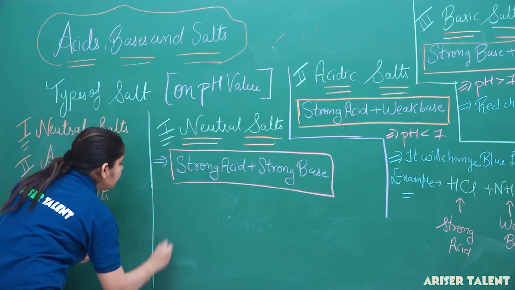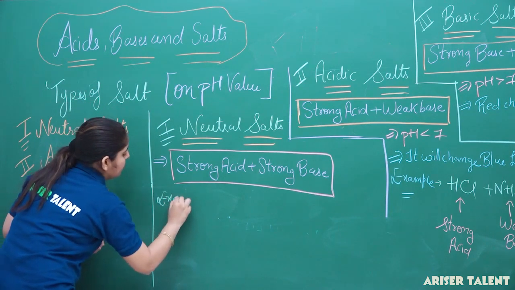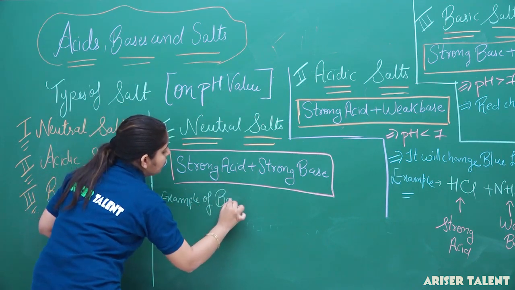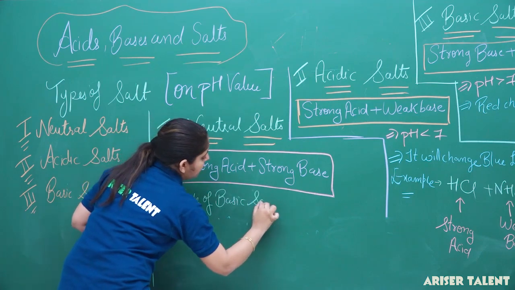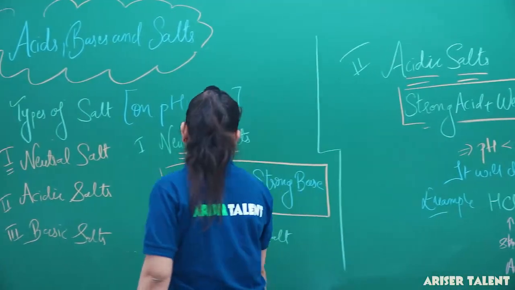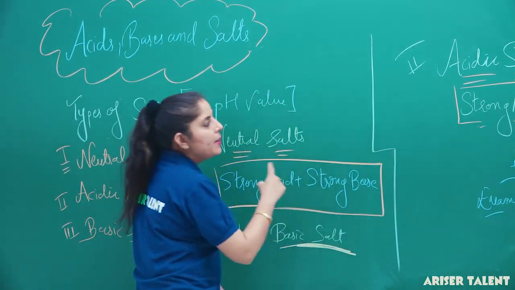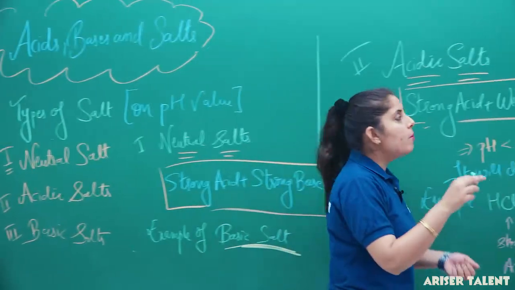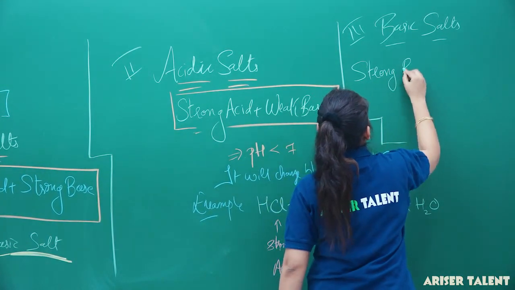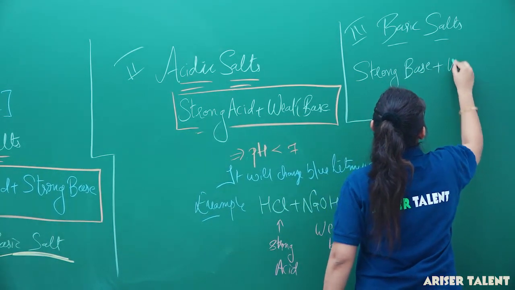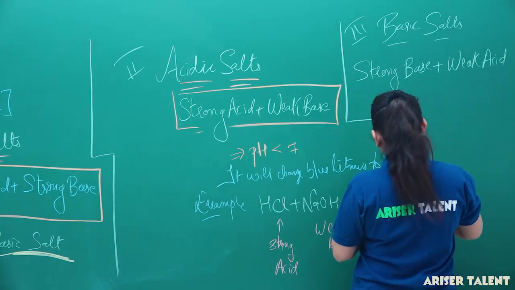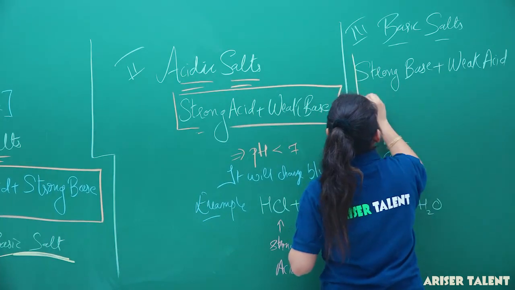Here we are writing the example of basic salt. We have seen that the basic salt is actually formed whenever the strong base and weak acid combine. Strong base and weak acid are going to give you the basic salt.